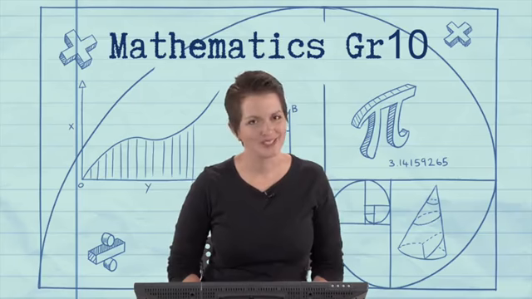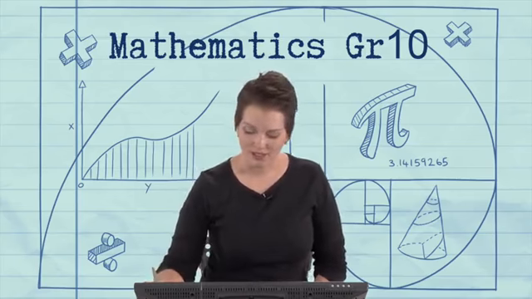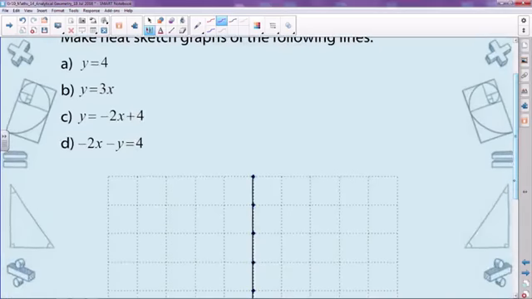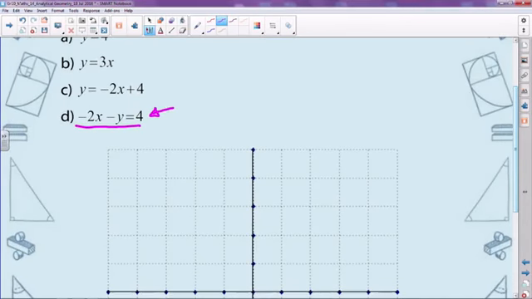Okay, we need to plot that last graph. So let's do it. Now the last one was very different because it was rearranged funnily. That's a nice word, funnily. So I'm going to make y the subject of the formula.